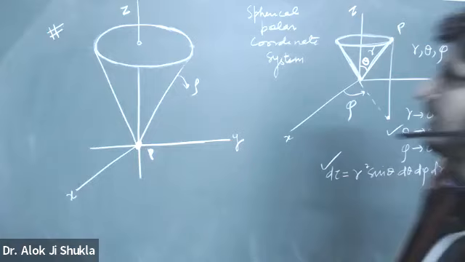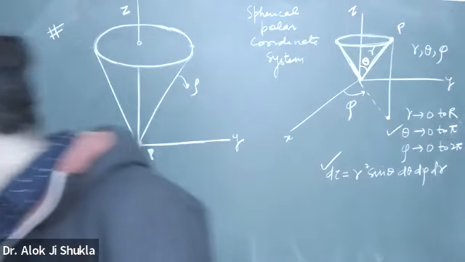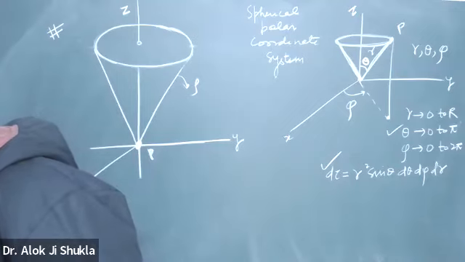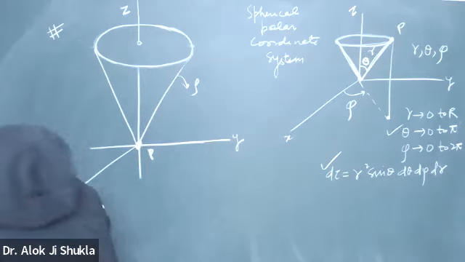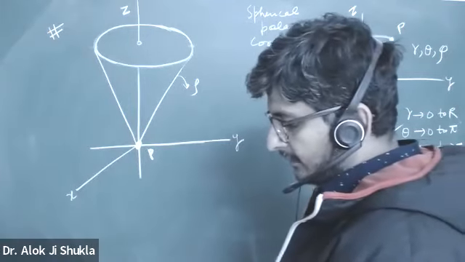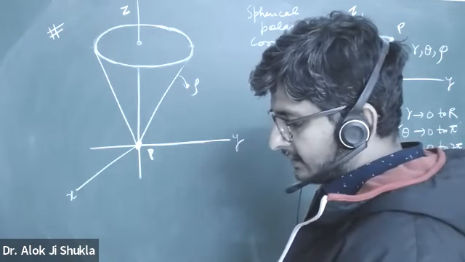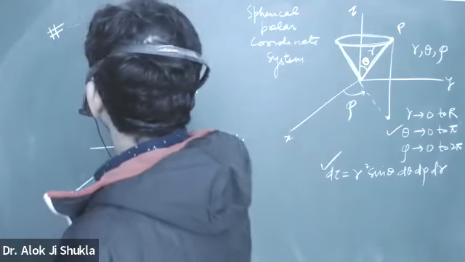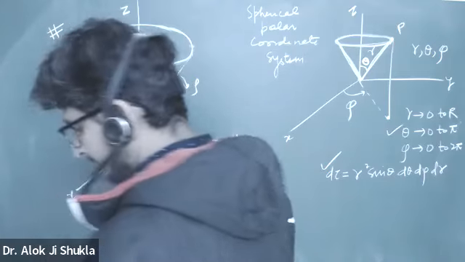So what is given here in the case of our cone? क्या क्या given था? Find the electric field at the tip of the uniformly charged cone with charge density rho and height h. So इसकी height is given. H is the height.